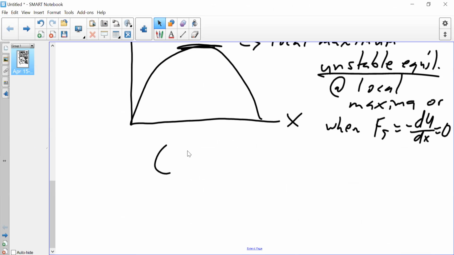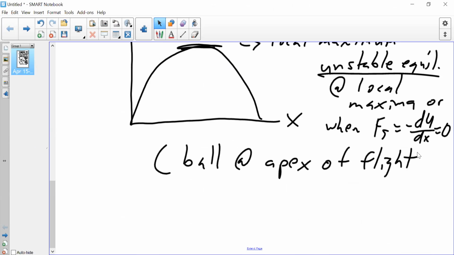Unstable is when, let's say, the ball is at the apex of a flight, but about to fall down. Equilibrium instantly, but it's not stable. It's unstable at that highest point.